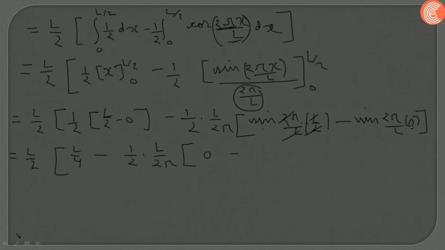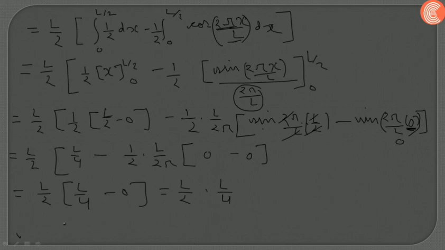So this 2 pi is multiplied with this 0, so this whole term will become 0. And we know that sine 0 is basically 0. So we will only get the one term, that is L by 4, and the other will become 0. So L by 2, and this is L by 4.